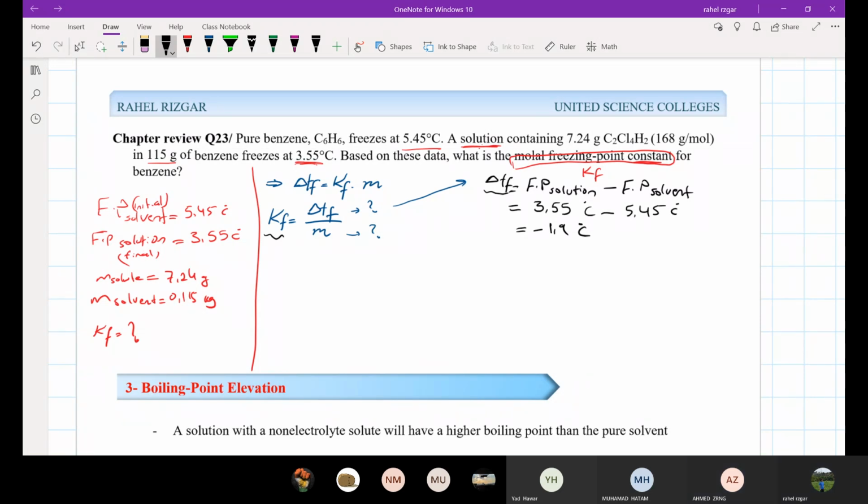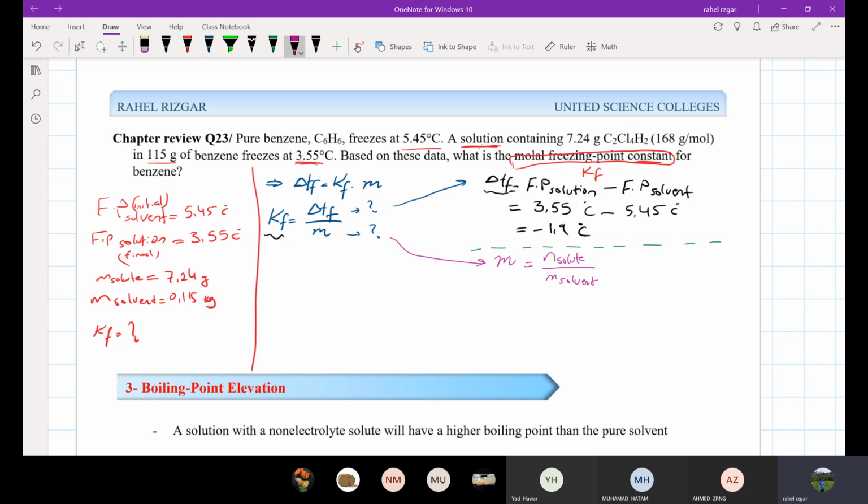Now we found delta Tf. That's it. Now let's find molality. Just like in chapter 1, molality is equal to mole of solute divided by mass of solvent.